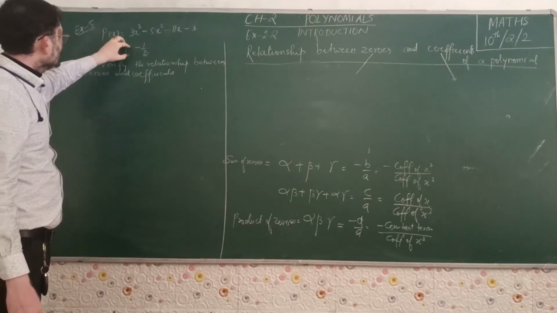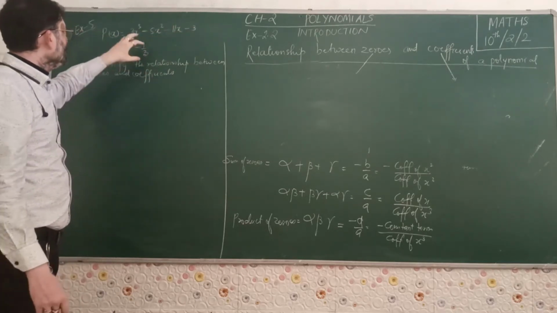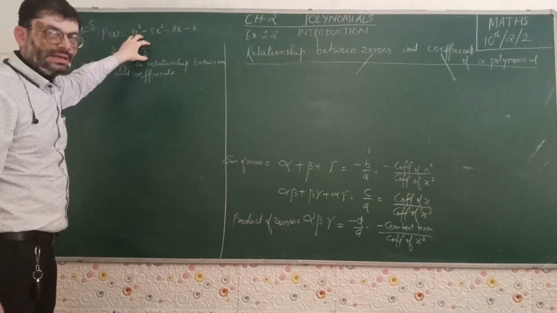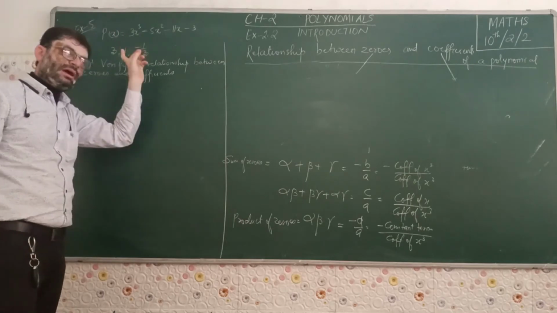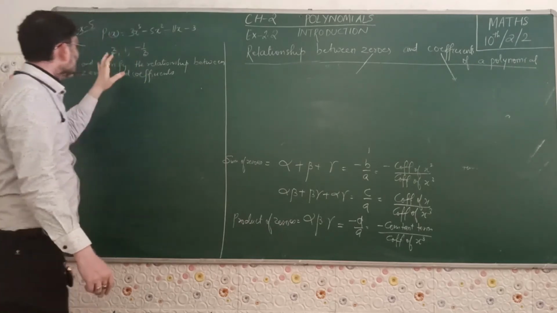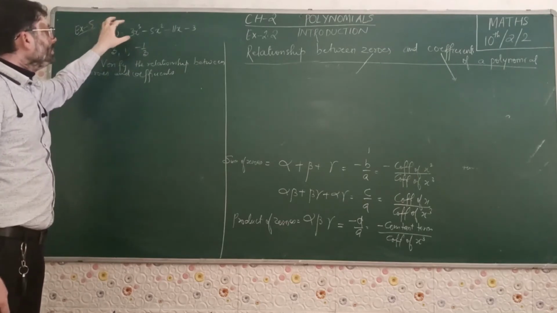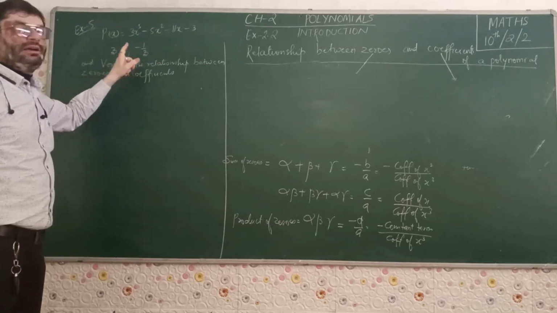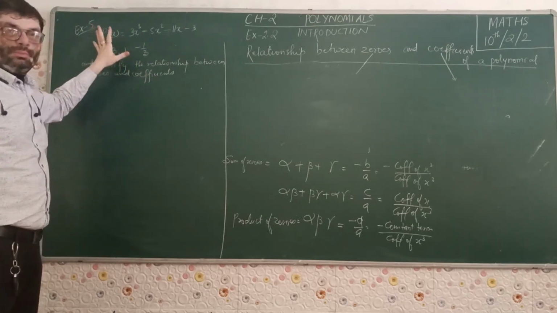Putting x equals 1, you will get 0. If you substitute minus 1 by 3, you will get 0. This you can do as you have done in class 9 also. Just substitute the values and verify that the polynomial becomes 0 at these 3 values of x, that means at the 3 zeros of the polynomial.